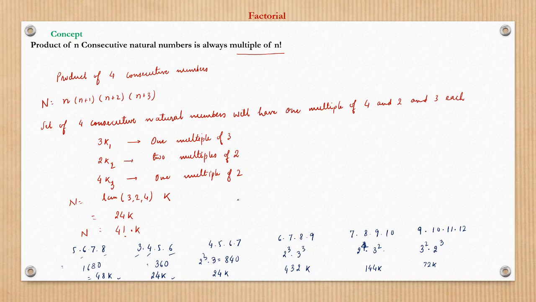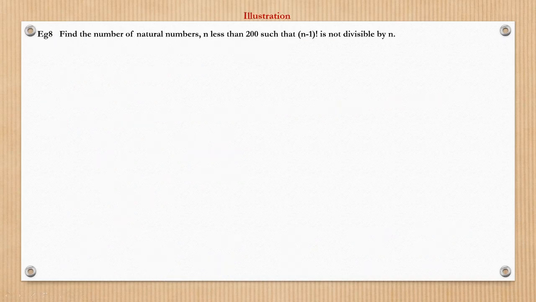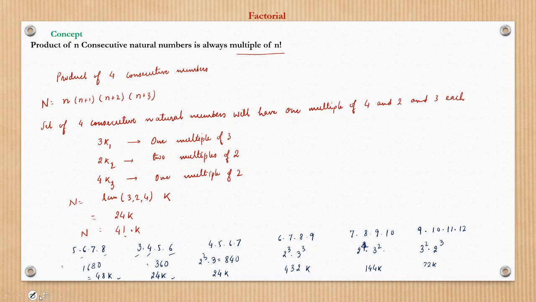Similarly, I just try for 5 numbers. Product of 5 consecutive numbers: n into n plus 1 into n plus 2 into n plus 3 into n plus 4.